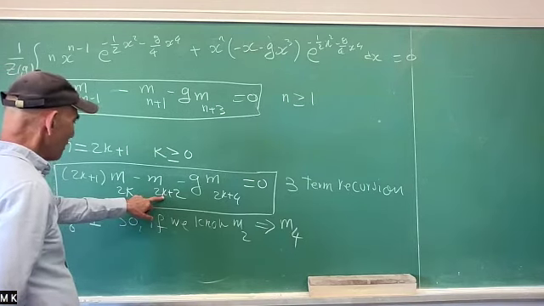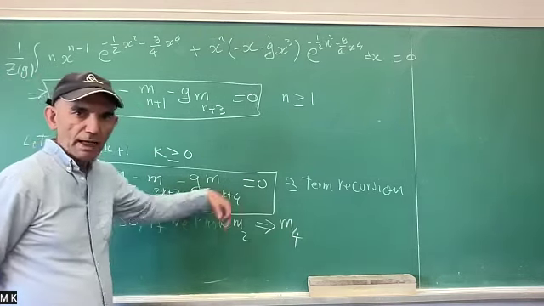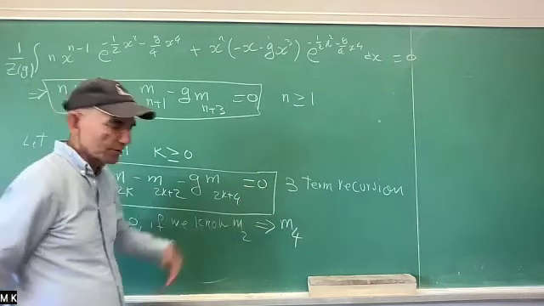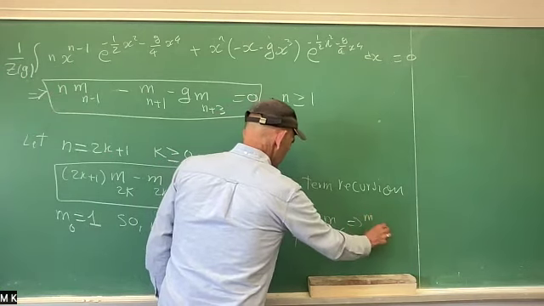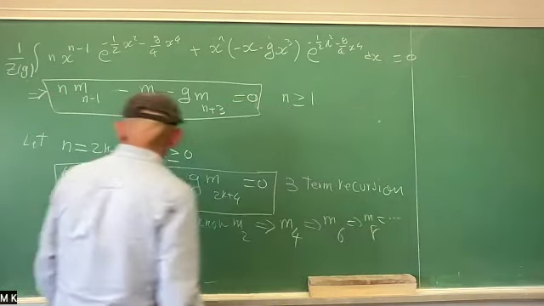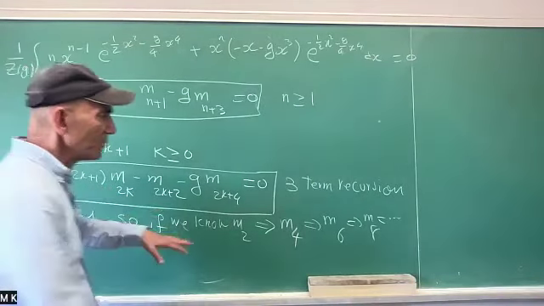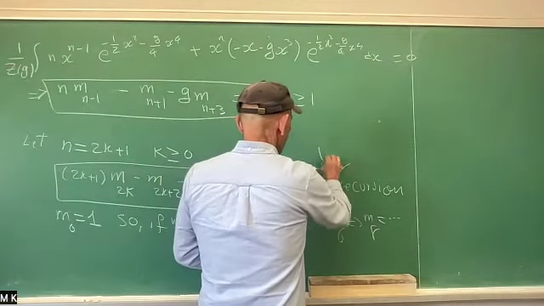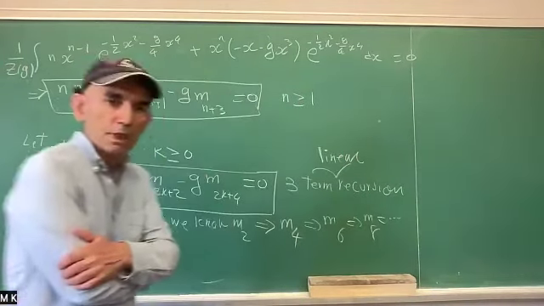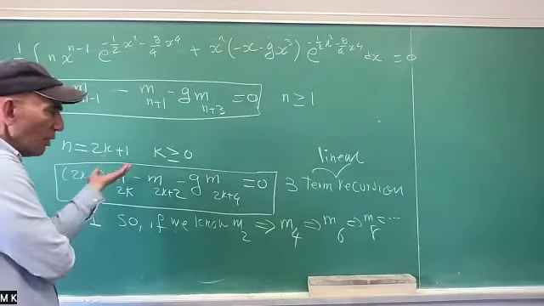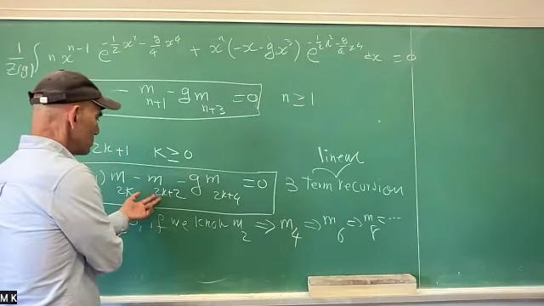So k equal to 1, we have m2 and m4, then we get m6 and m8 and m10 and all this. Yeah, this is a three-term linear recursion, an easy recursion in this case. So this is solvable, basically, provided we know m2.